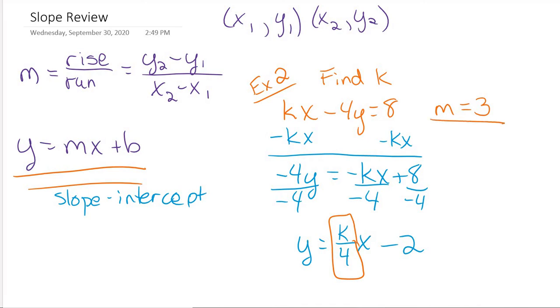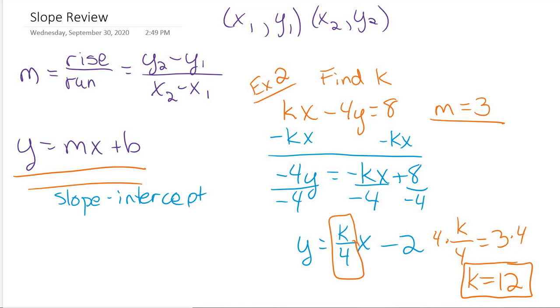So I know that k over 4 has to equal 3, and then I just multiply both sides by 4, and k is now 12. So I got isolated y, then I took whatever was in front of x, that's your slope. The coefficient of x is your slope, so then I set it equal to the known value of 3 from the problem.